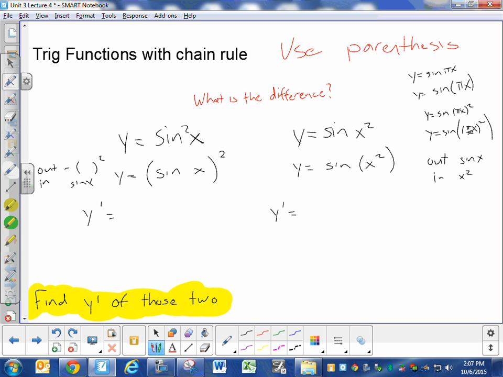Remember, derivative of the outside, leave the inside alone, times the derivative of the inside. That's it. Not difficult.